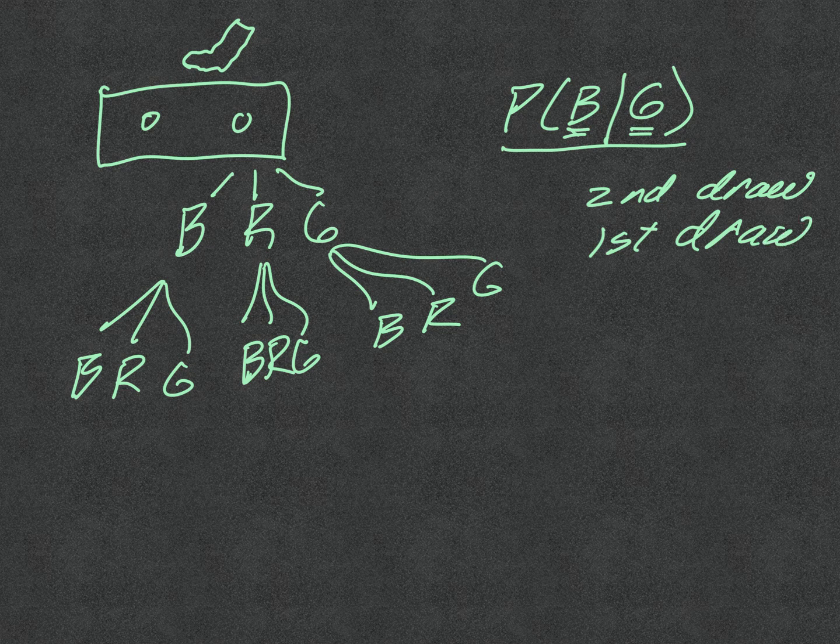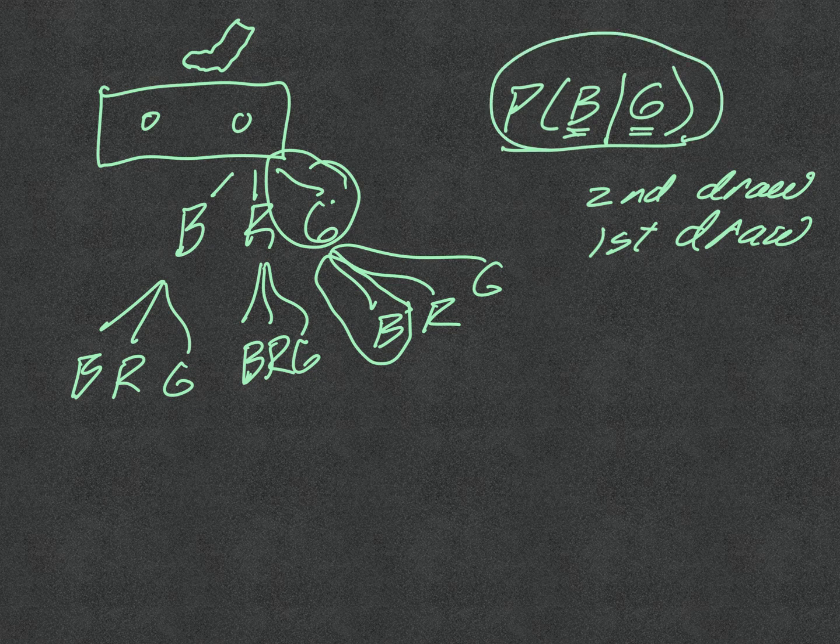So in other words, my first draw has to be a green sock. And then I want to find the probability of the blue one given that I took a green one first. Okay? So this means we're going to have to start labeling those probabilities pretty quick, because if we start seeing these conditional probabilities, we need to know how to find them.